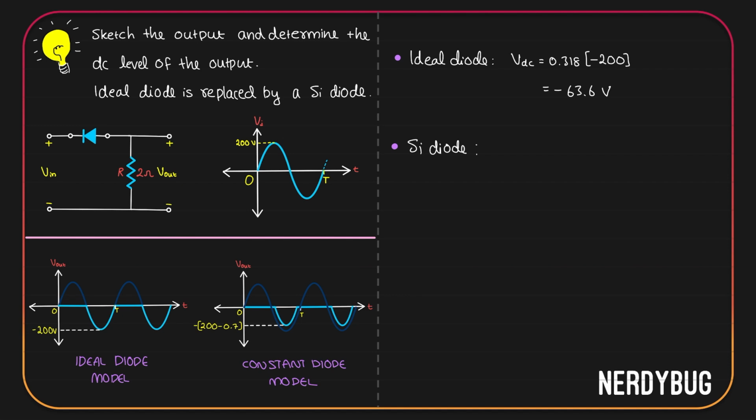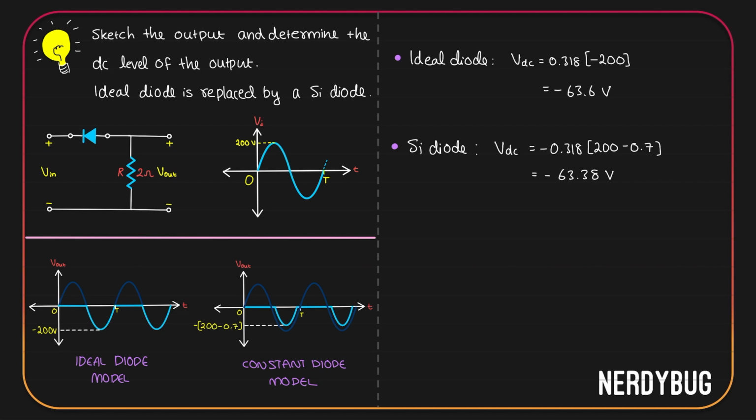Now, for a practical silicon diode, the DC value will come to be 0.318 multiplied by negative of 200 minus 0.7. And this comes out to be negative of 63.38 volt. The voltage dropped from 63.6 to 63.38.